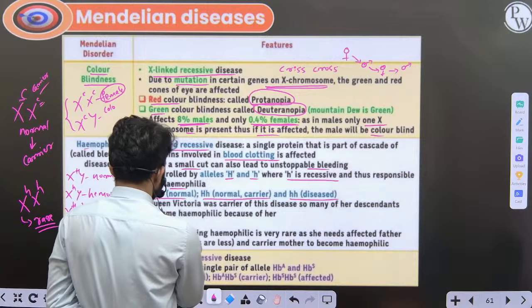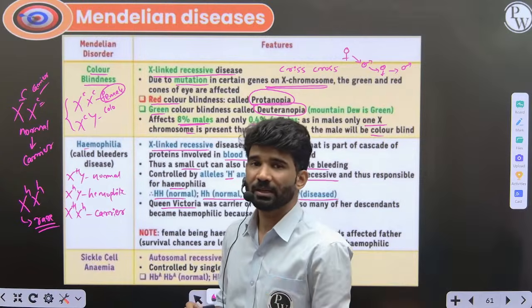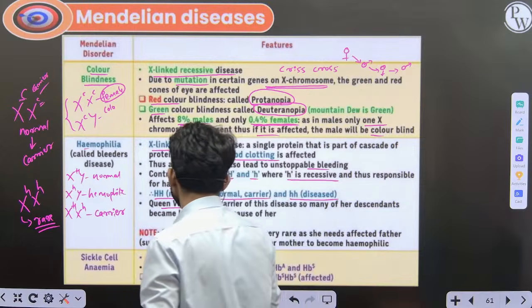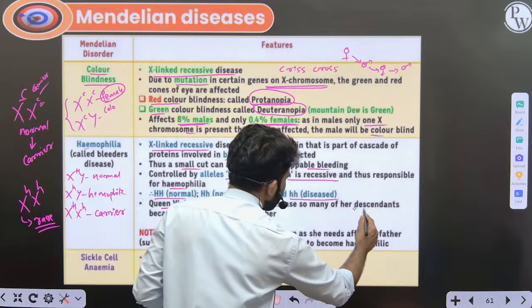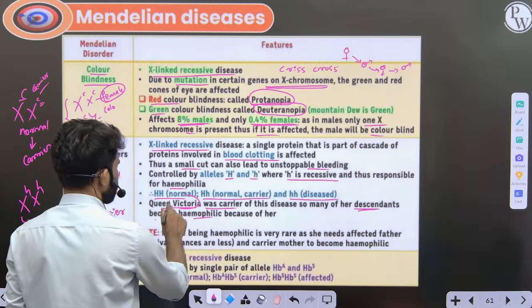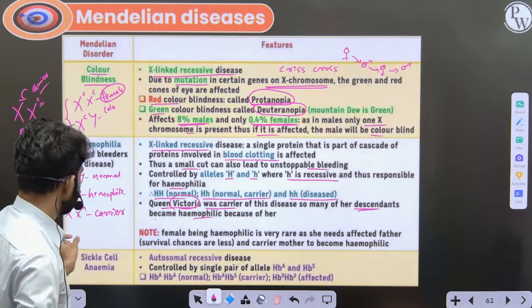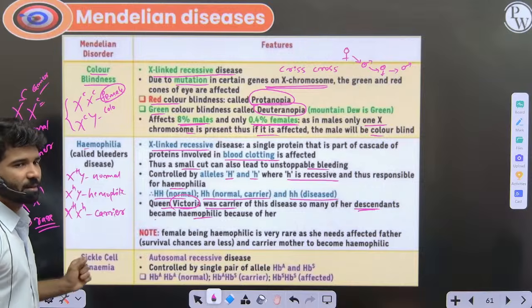It is called a royal disease because it first appeared in Queen Victoria's family, where Queen Victoria was a carrier of this disease, and many of her descendants became hemophilic because of her, as she carried one normal dominant H and one recessive h.